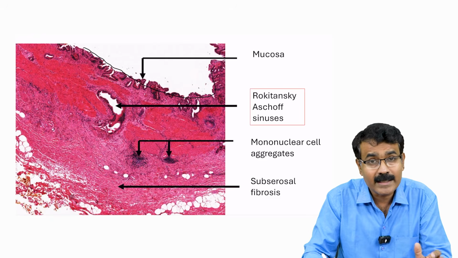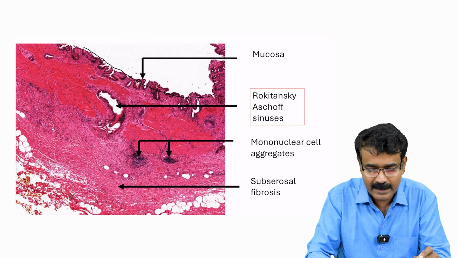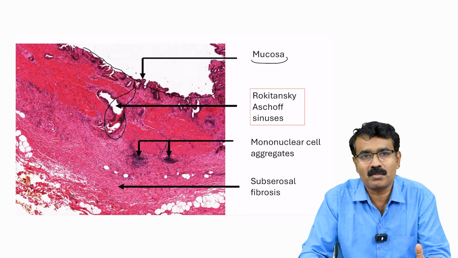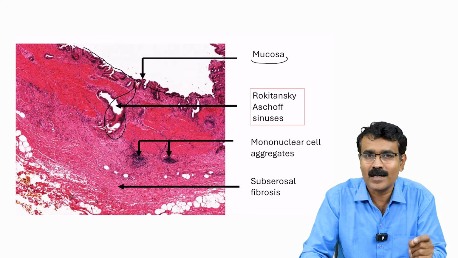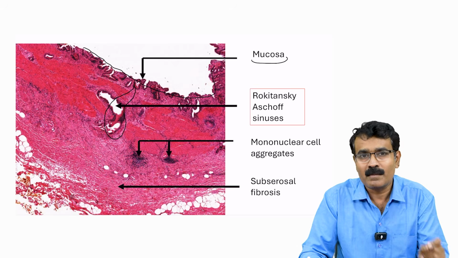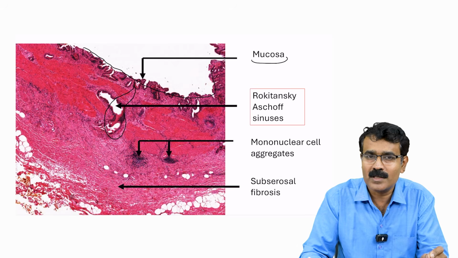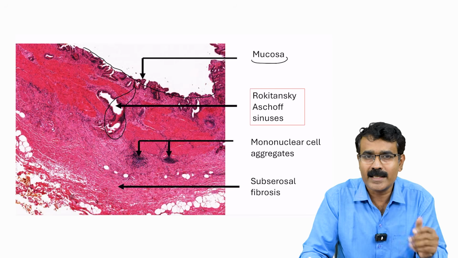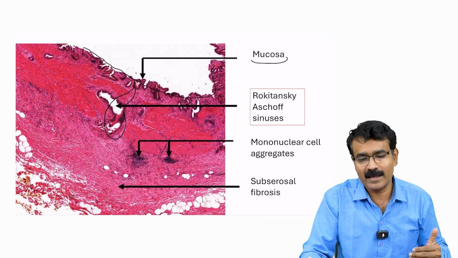So what you see in chronic cholecystitis, one, identify the mucosa, and then there is outpouching of the mucosa into the underlying muscular layer, seromuscular layer, and these are known as Rokitansky-Aschoff sinuses. Because we are talking about chronic cholecystitis, you should demonstrate chronic inflammatory cells in all the layers of the gallbladder, right?